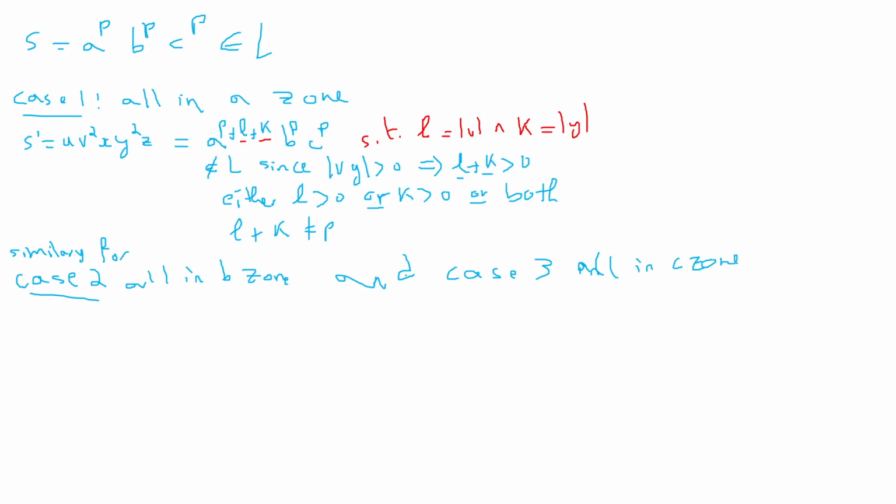It's the same proof, we're only contained in one area. The difference would be where you're actually doing the pumping. If I was all in my B zone, when I pumped up, I would have gotten something like A^P B^(P+L+K) C^P. If it was all in C zone, I'm pumping the C part, so A^P B^P C^(P+L+K). No need for the plus, it's like concatenation.